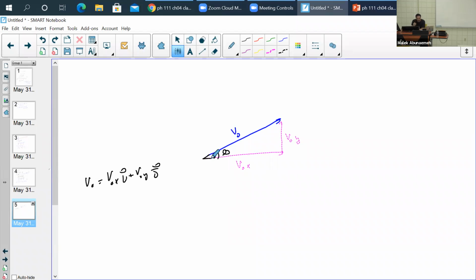The cosine of angle theta is going to equal your adjacent, your x next to it, divided by the hypotenuse, which in our case is your v naught x divided by your v naught. Your sine of the angle, which is y over h, is going to be v naught y divided by your v naught.